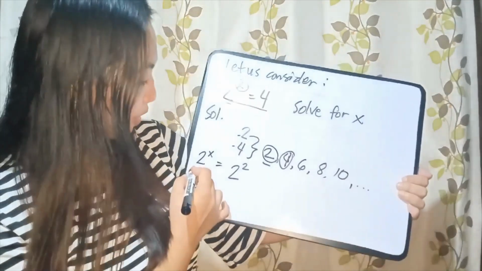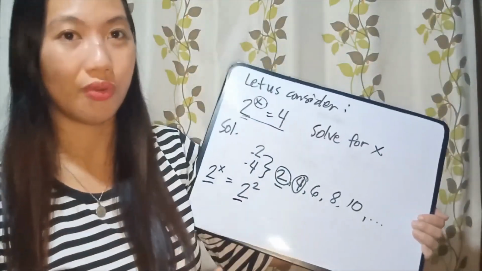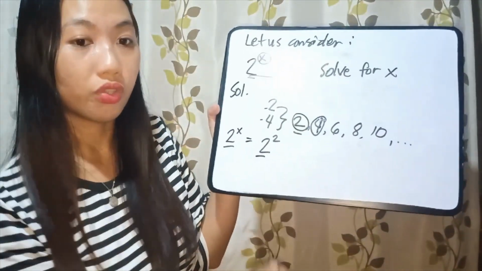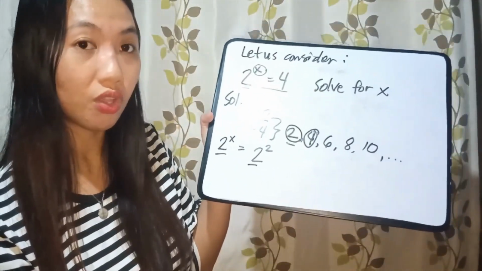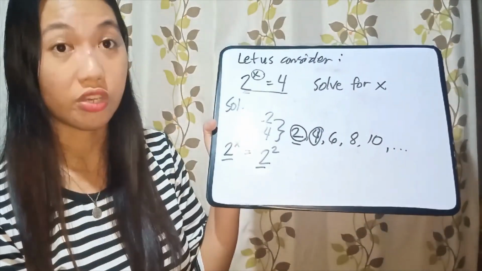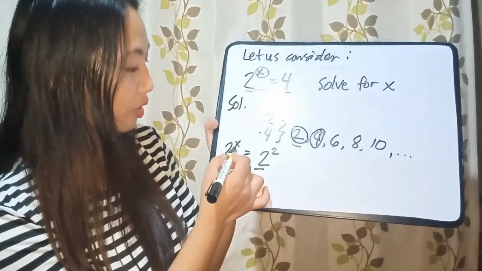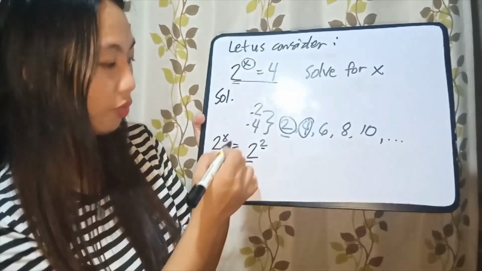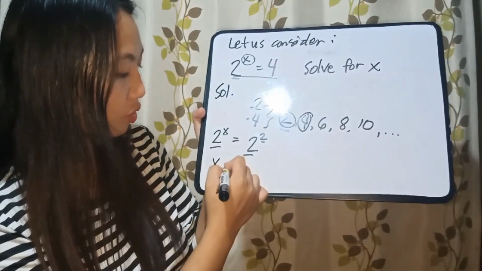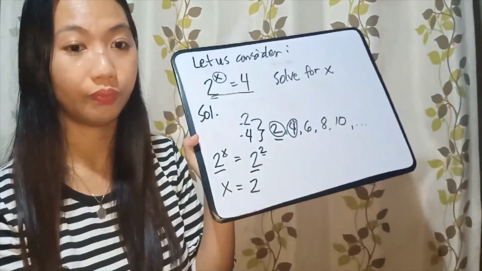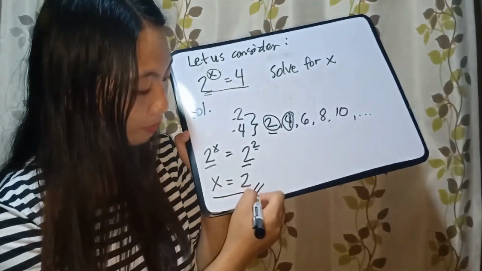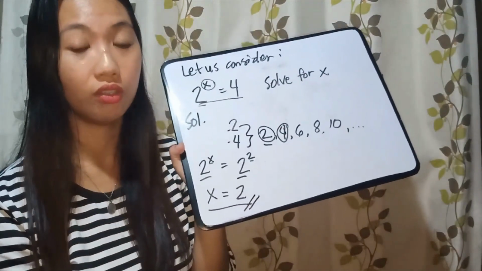So if we have now the same base, we're down to our final stage in computing. So if they have now the same base, solve for x by copying the exponent into the equation. Okay, so our exponents are x and 2, and for the equation, by writing it down, we have x is equal to 2. So it simply says that the value of x is 2.